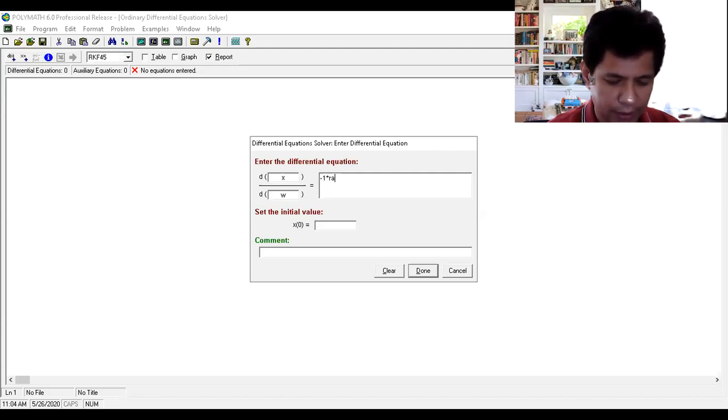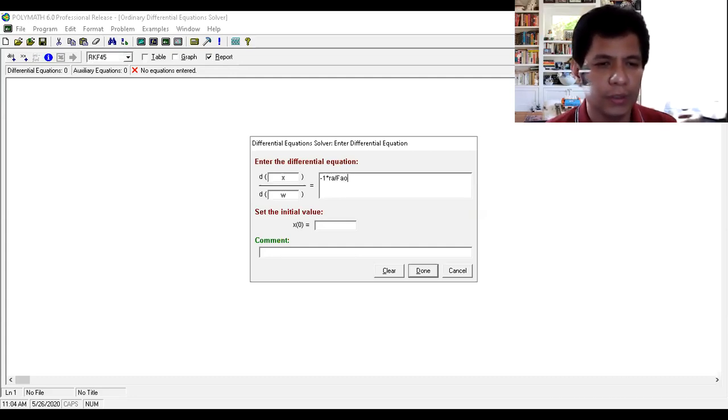So divided by capital FAO. This is just a constant. So that's it. The initial value of X, the initial conversion, simply is 0. Okay, so just click on Done.